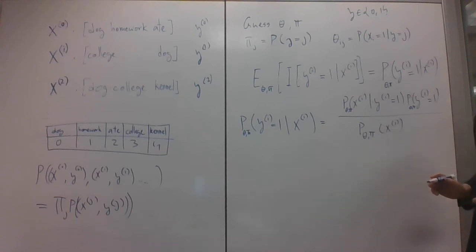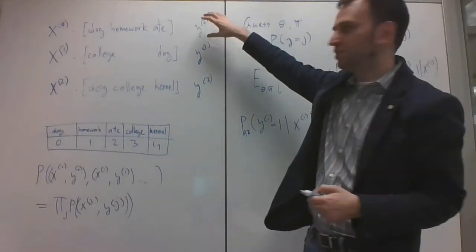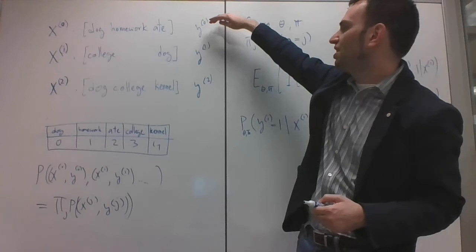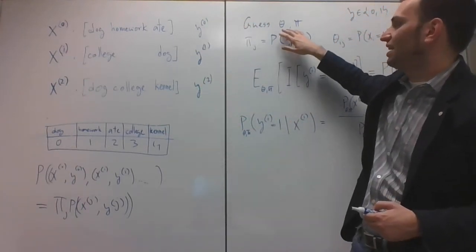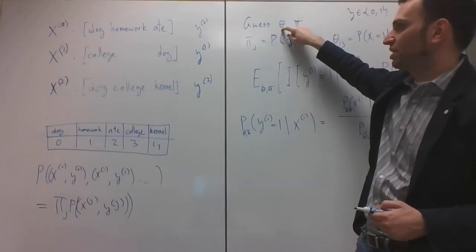Why is this useful? Well, now that we have some kind of estimates for the y's, each a number between 0 and 1, we can try and estimate the theta and pi again. How would you estimate theta?